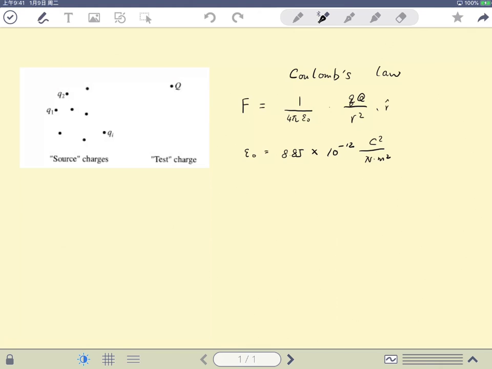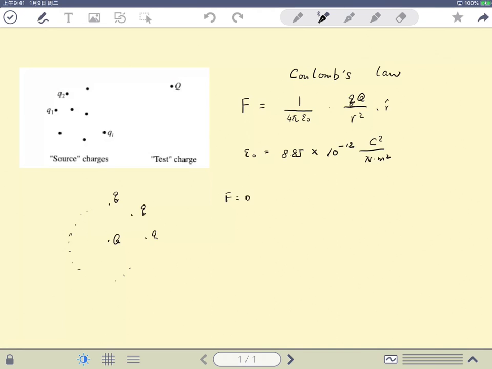This means we have a clock with equal source charges on it, and the test charge capital Q is located at the center of the clock. We want to know the force on the test charge. This is simple according to Coulomb's law because each source charge has another source charge opposite to it. So the total force should be 0 according to the symmetry.